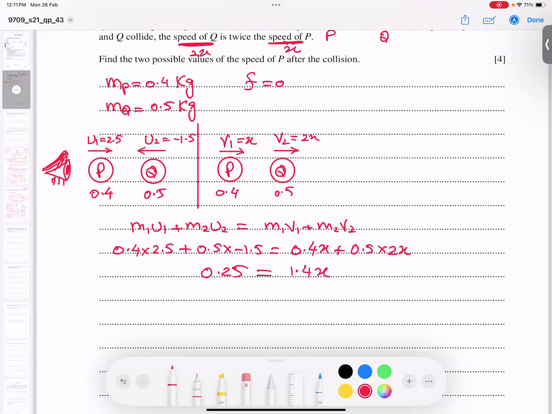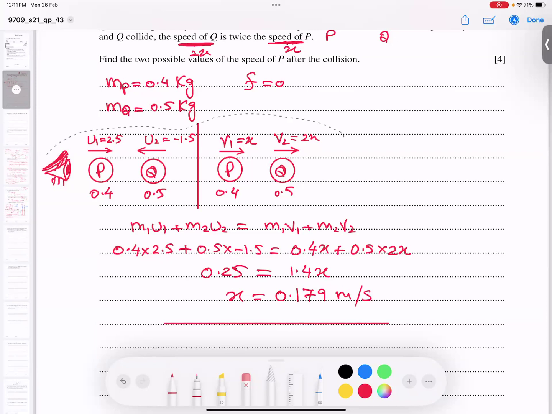Now divide, and x becomes 0.25 divided by 1.4, so my first answer is 0.1785, which becomes 0.179 meters per second. So this first condition is over.